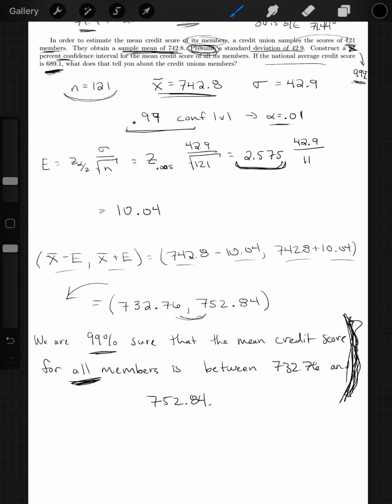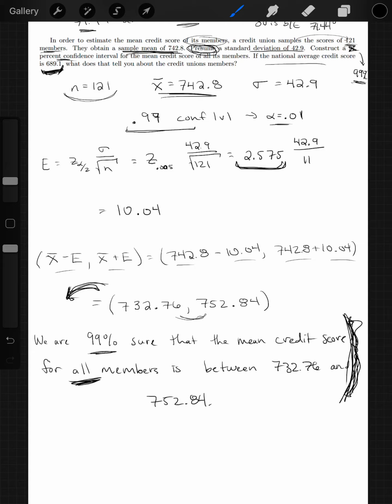And one thing we notice is that 689.1 is not in this interval. In the previous two problems, our comparison value, the thing that we were comparing to, was inside the interval. But in this case, it's not. In fact, it's specifically less than that interval.